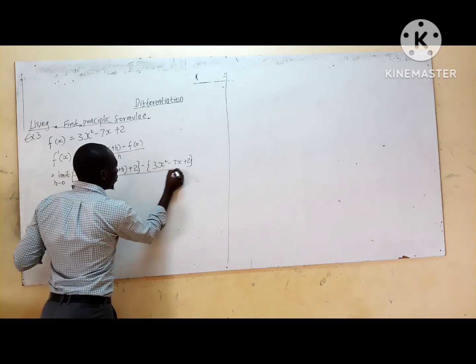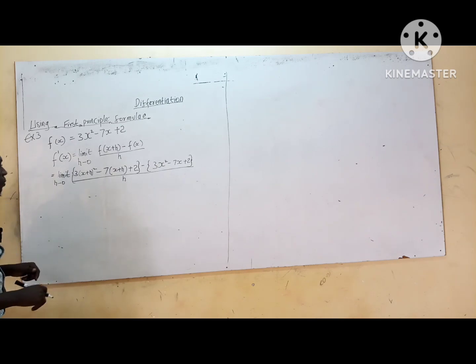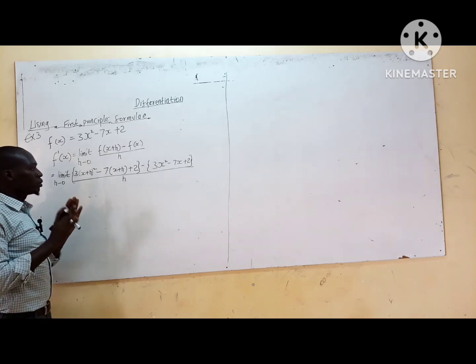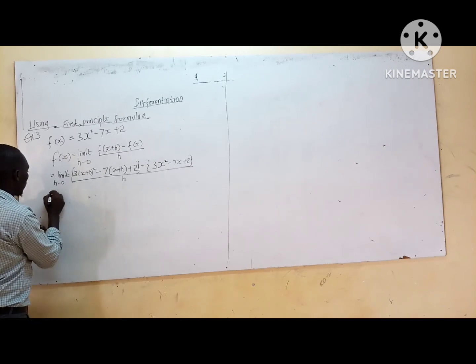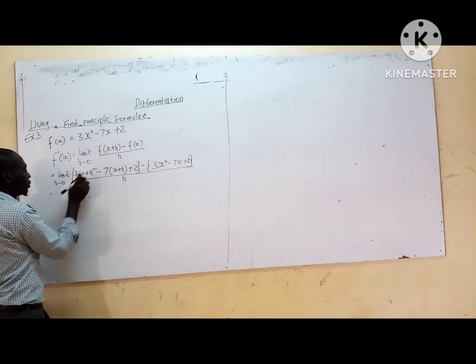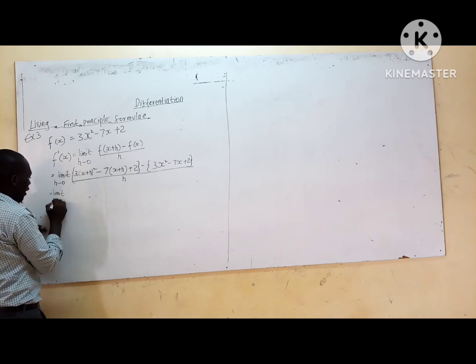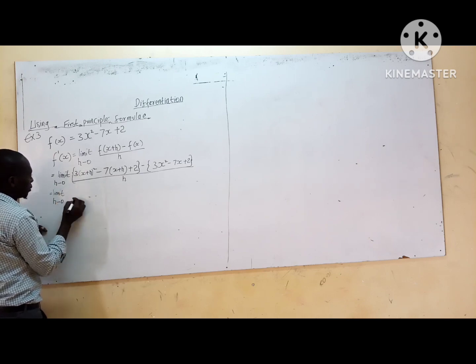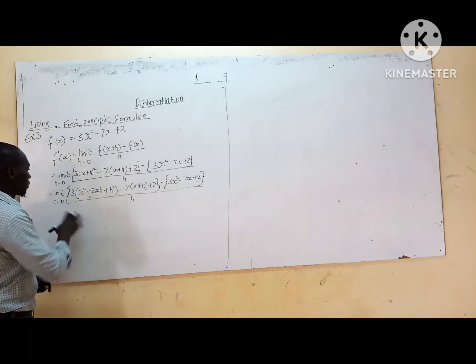Everything will be 1 over h. Let us now simplify what we have within the bracket first, whereby we will be opening this bracket, limit h approaching 0, h. Let us simplify what we have within this.